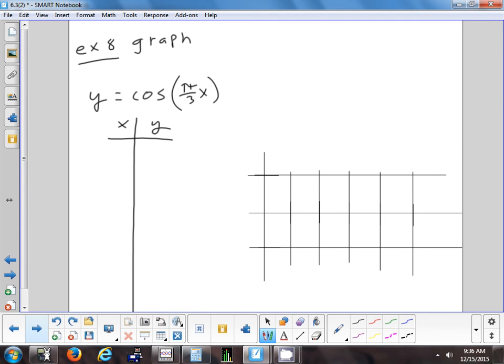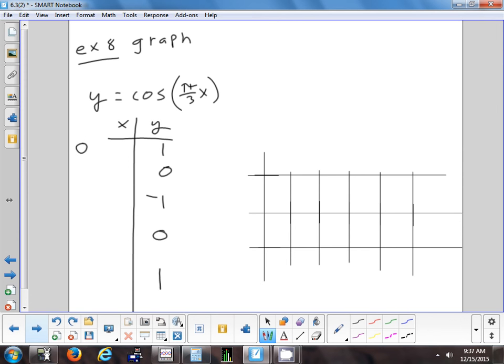Okay, y's stay the same. We've got those from the last problem. All right, what am I going to divide each x value by here? I'm going to divide by pi over 3, which is the same as multiplying by 3 over pi.